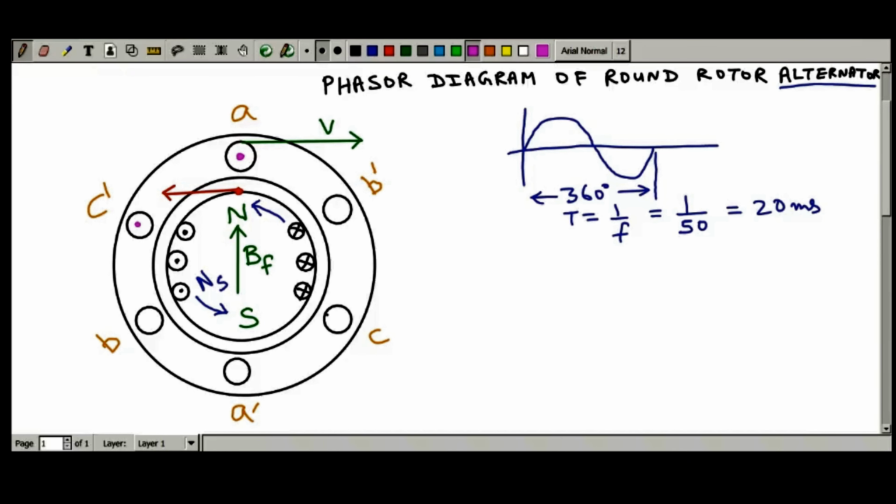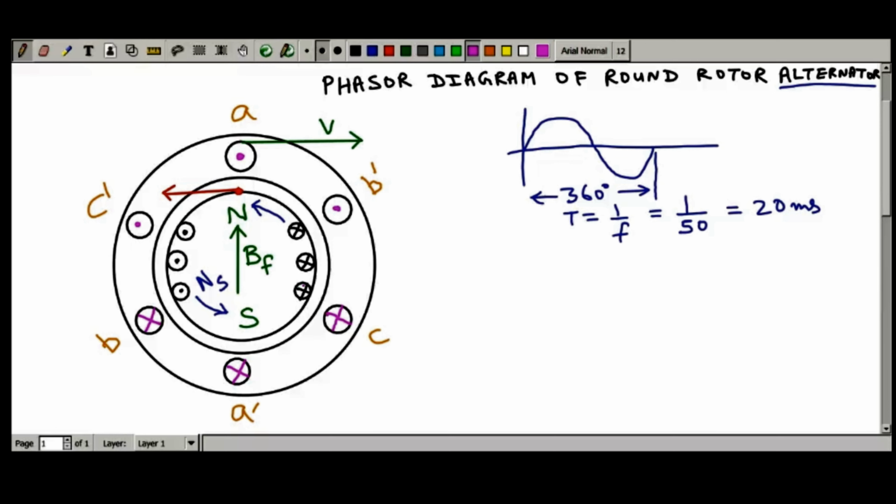Of course, the magnitude of induced EMF will be a little less compared to coil side A, because coil side A is directly in front of the north pole, but otherwise they will also have dot. Now, by the simple logic that a conductor under north pole is dot, a conductor under south pole will be cross. Or if you wish, you can again apply the modified Fleming's right hand rule, and you will find it is given by cross.